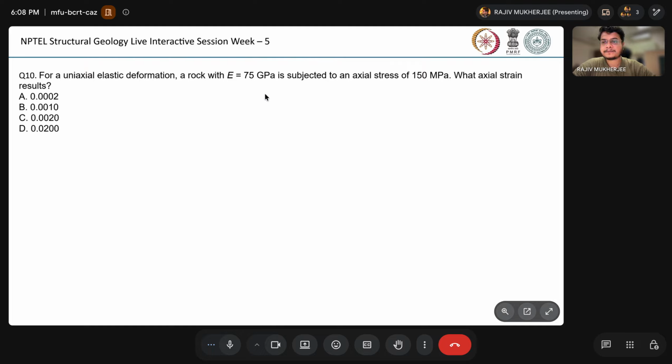Option A, 0.02%, option B, 0.1%, option C, 0.2%, option D, 2%. Right? So think for a minute and then we will solve this question.